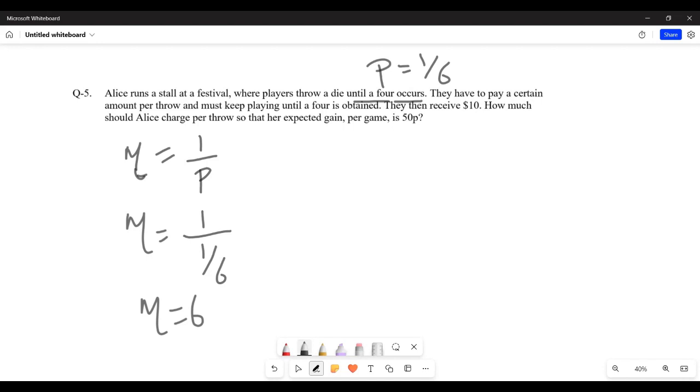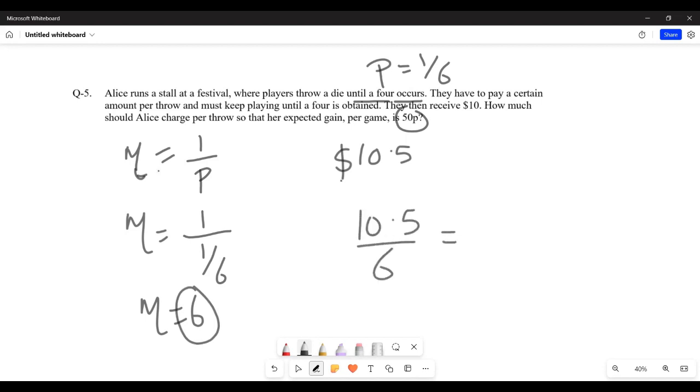So then how much should she charge per throw so that she gets a gain of 50 pence? Gain of 50 pence means that she should be getting $10.5. She should be making $10.5. 6 throws, so divided with 6, which gives 10.5 divided by 6 is 1.75.